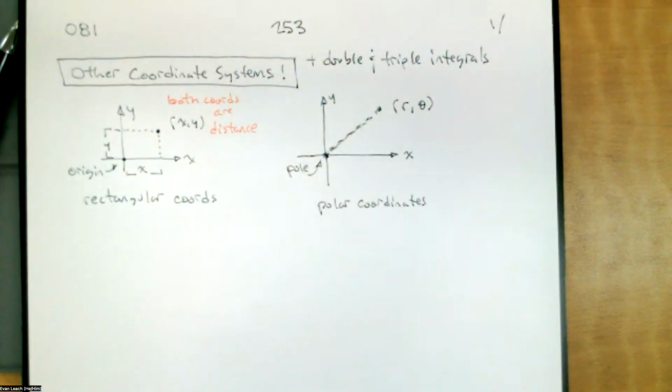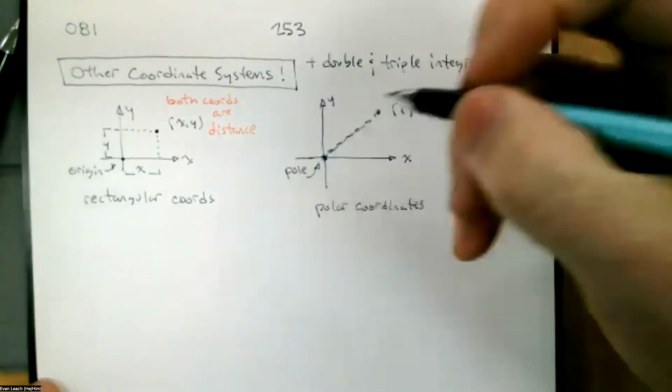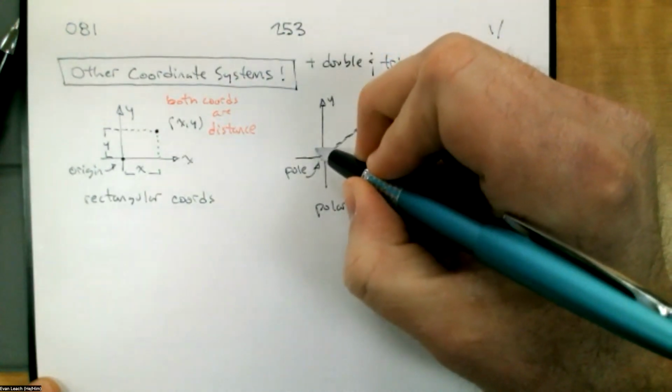The pole is located at the origin because we wanted to make things easy on ourselves, not difficult on ourselves. So r is just the distance from the pole to the point. So this is the distance r.